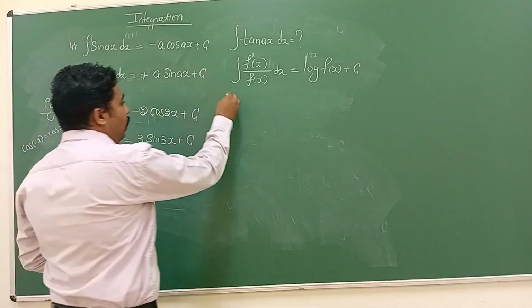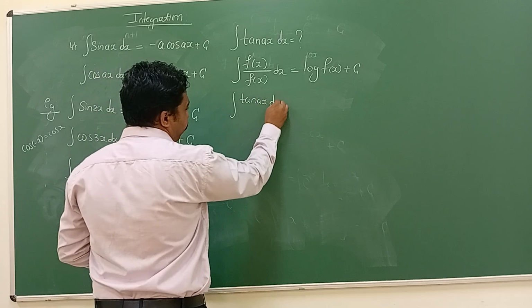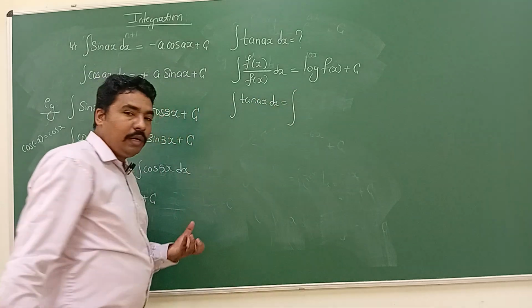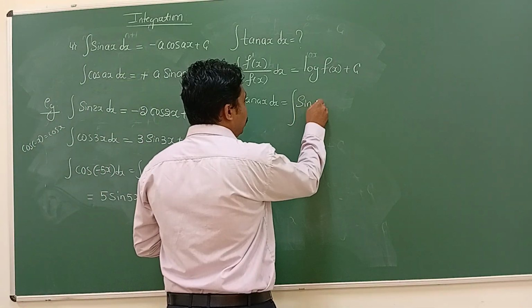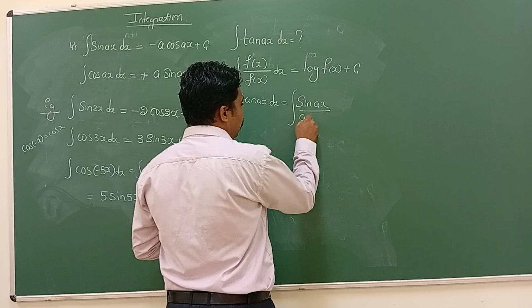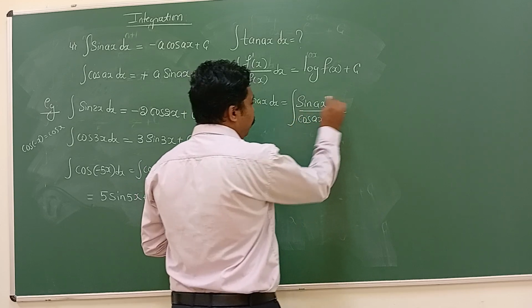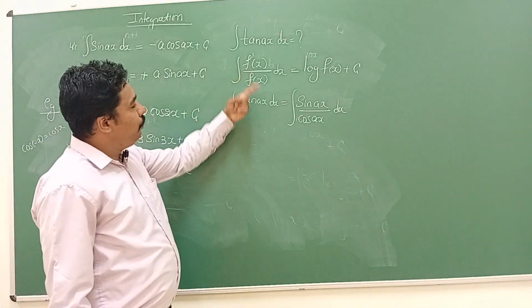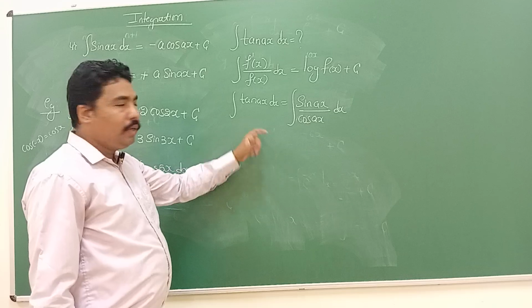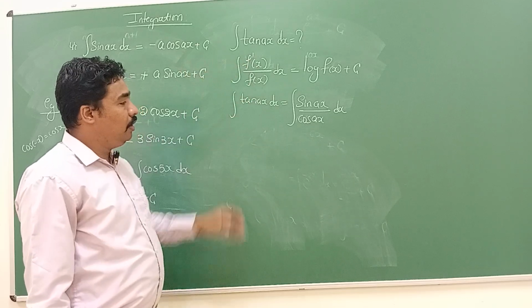Okay. Now we will see here tan ax dx. If I write it in terms of trigonometric terms, tan becomes sine by cos, right? So sin ax by cos ax dx. Now you see here, using this property you can easily find its integration, because if the derivative of the denominator comes in the numerator, the answer is log of the denominator.